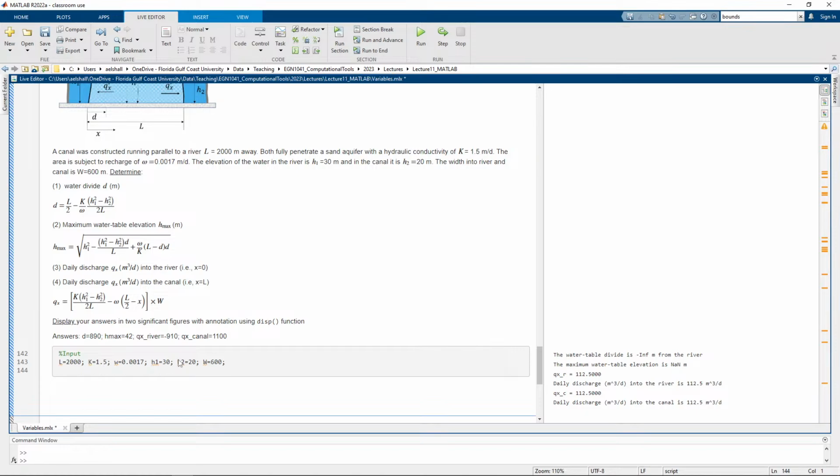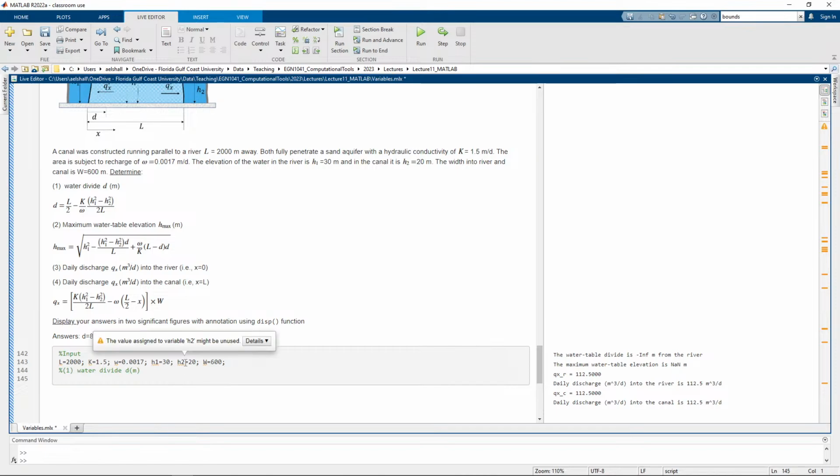Okay, and then we start with the first one. Let's put a comment sign here so that we know what we are doing. Number 1, which is the water divide D, and what do I have for D? See, very simple, much simpler than Excel, where you have to go select something.